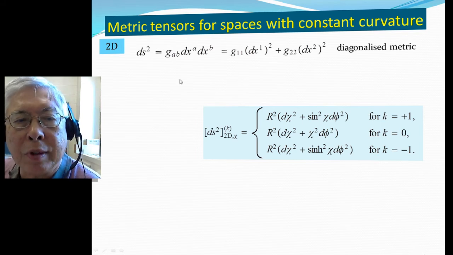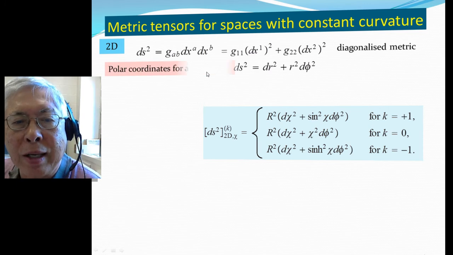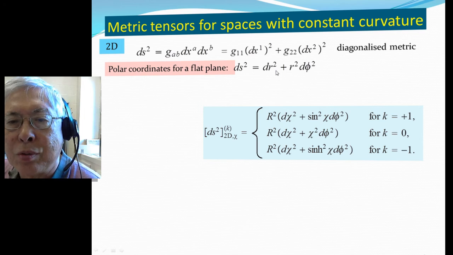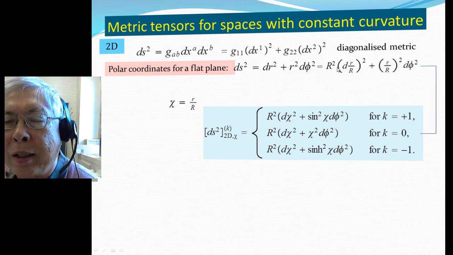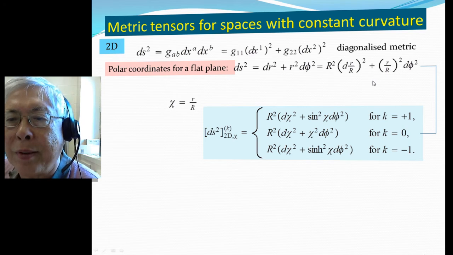For example, for the flat plane, instead of writing Cartesian coordinates, in terms of polar coordinates ds squared is dr squared plus r squared d phi squared, where r and phi are polar coordinates. If I choose to divide by some factor, big R squared, the first term is dr over capital R squared, and the second one is the same way.